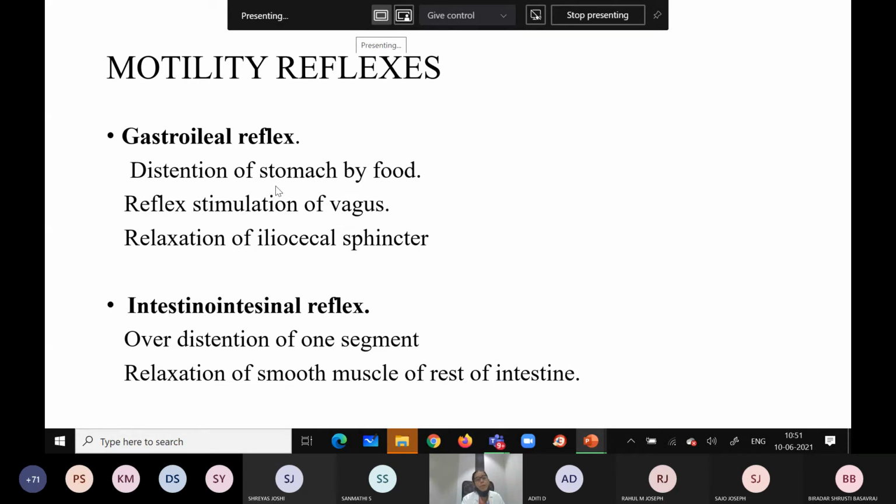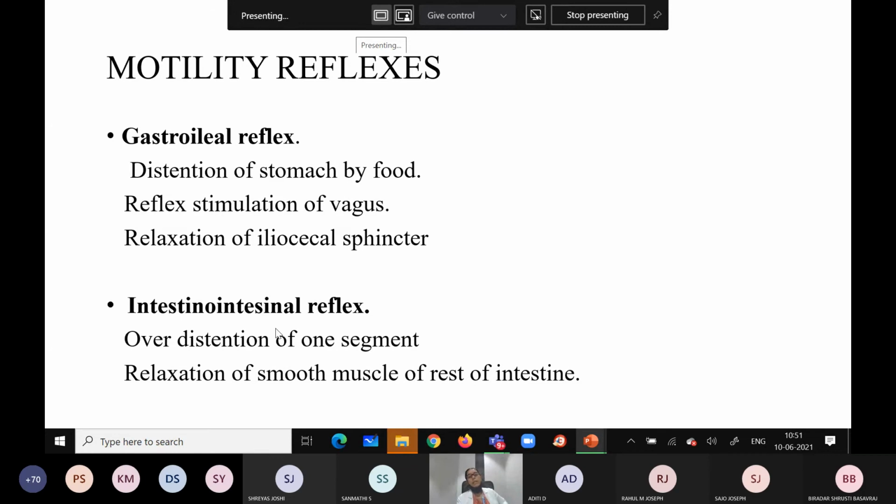You might have observed that after food many people feel the defecation reflex, or go to the washroom. This is because of the gastroileal reflex. Whenever there is food in the stomach, it causes relaxation of the ileocecal sphincter.